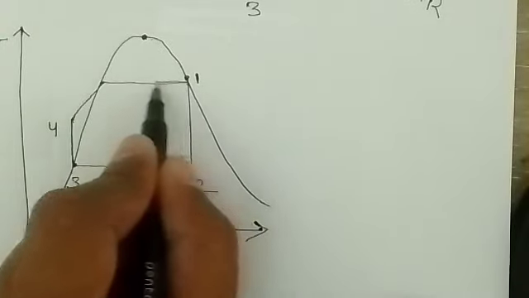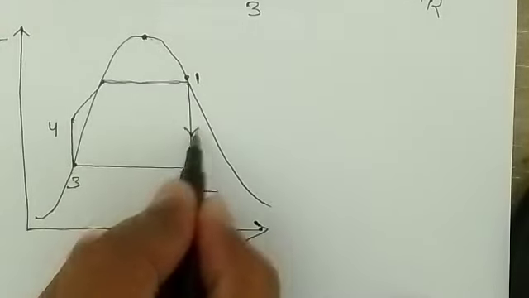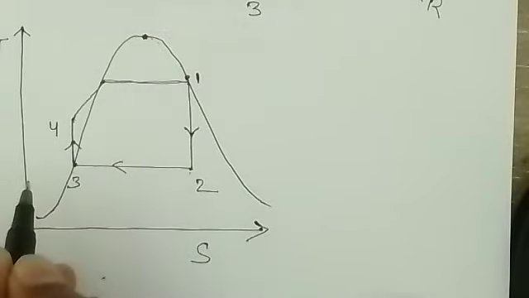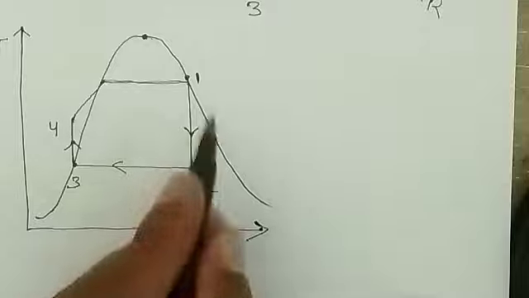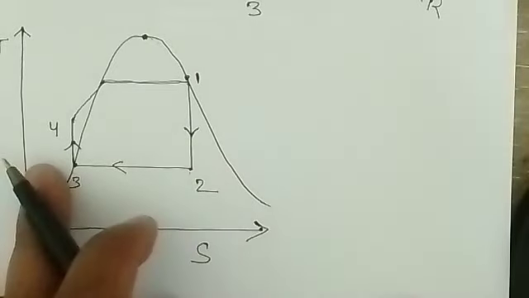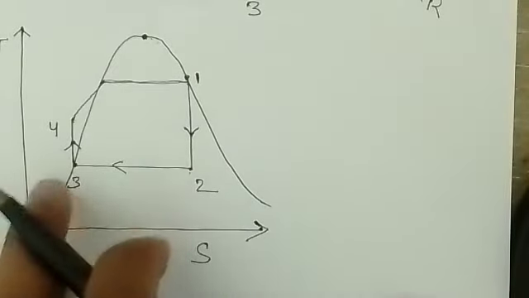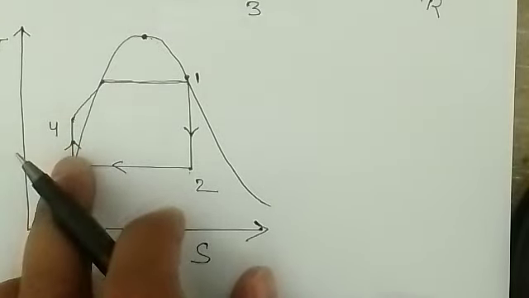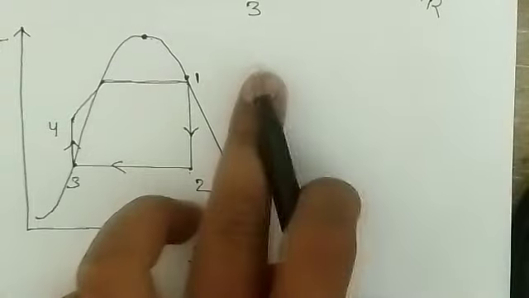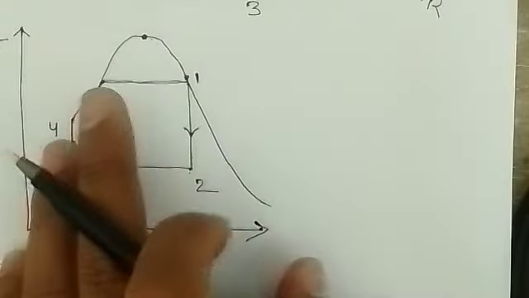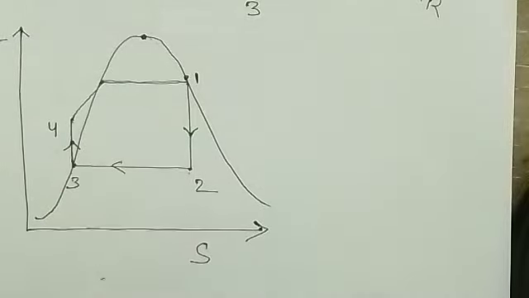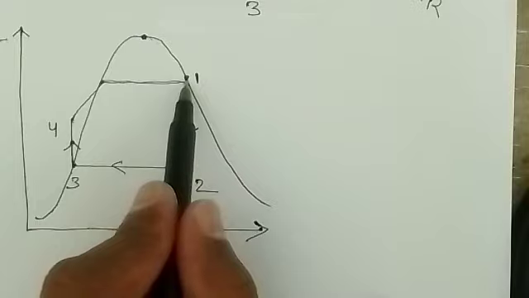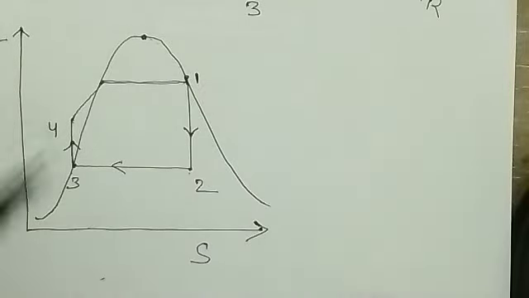So you can say 1 to 2 is the isentropic expansion, 2 to 3 is heat rejection at constant pressure, and 3 to 4 is isentropic compression, means we are giving work to the pump, and 4 to 1 we are supplying heat in the boiler, so steam is generated. The first case I considered is when the steam entering the turbine is dry and saturated.